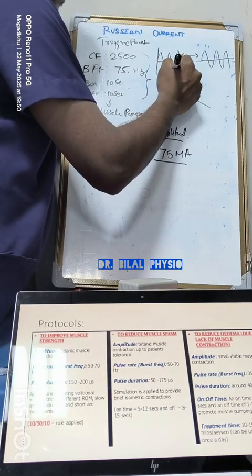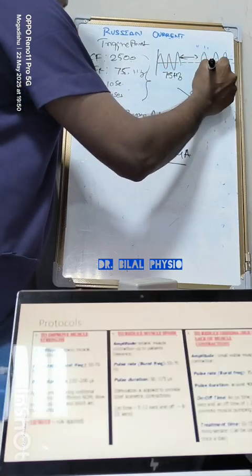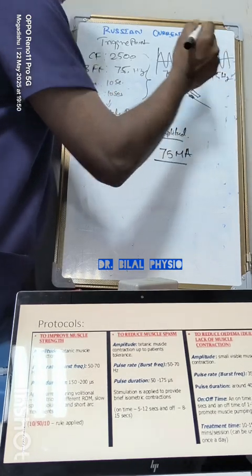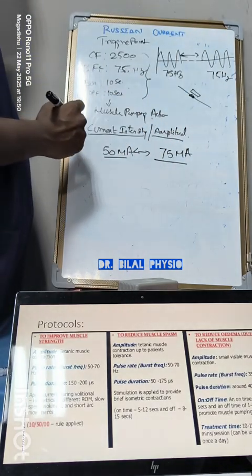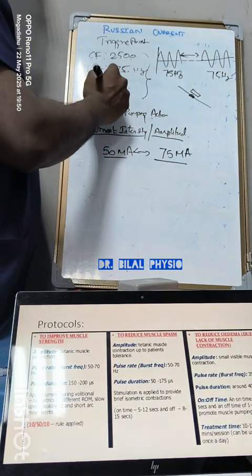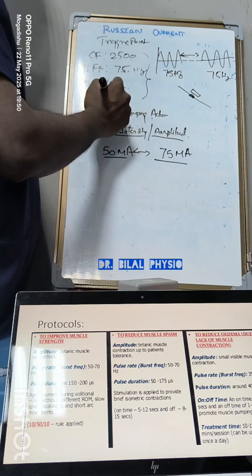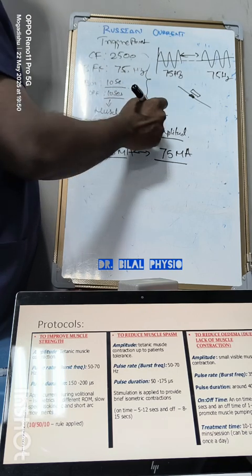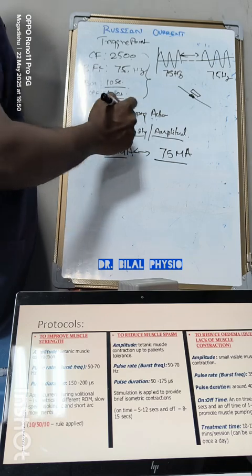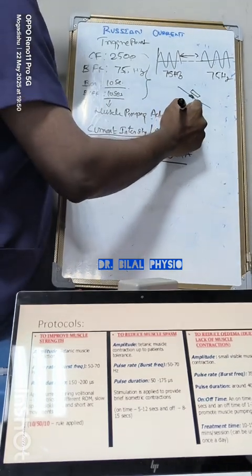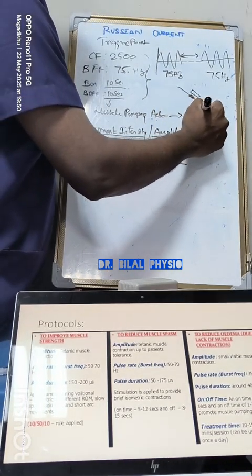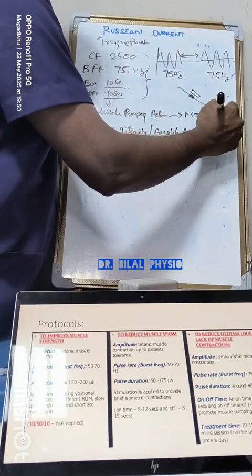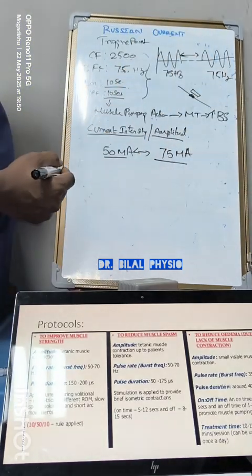So with the burst frequency of 75 Hz, the burst on time of 10 seconds on and 10 seconds off is comfortable, so it will help the muscle pumping action, and it will break the muscle tension by increasing the blood supply.